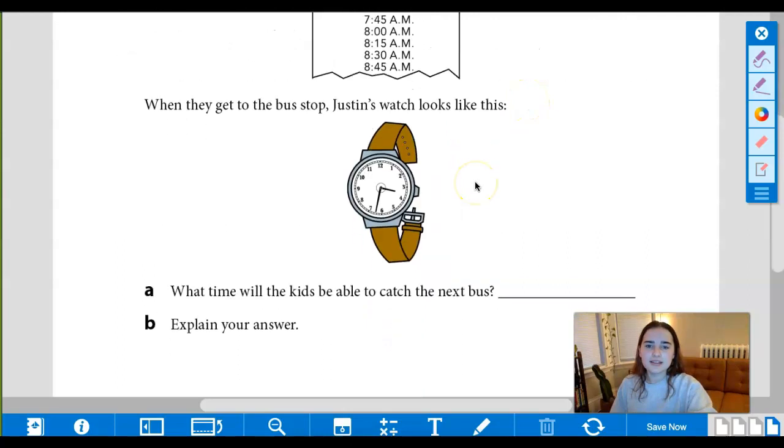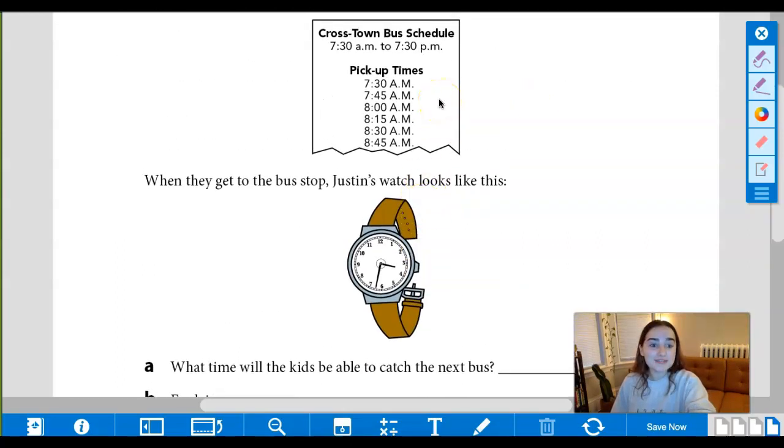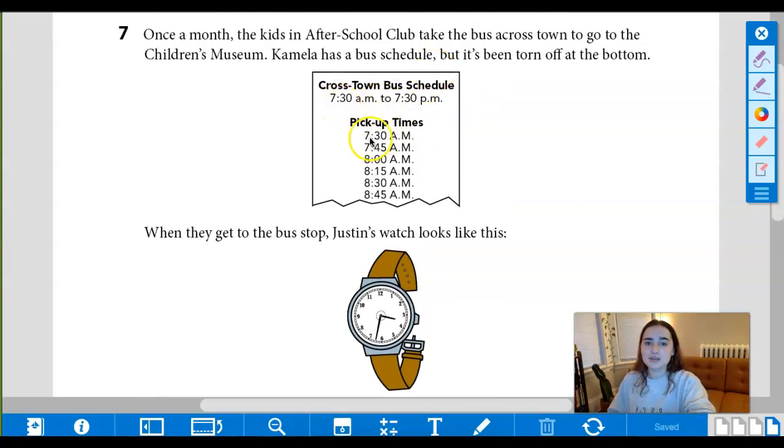Okay, so we know that they need to catch the next bus, so we need to figure out when the next bus is going to come. If we look at this bus schedule, it says it goes from 7:30 a.m. to 7:30 p.m. I want you to look at these times and try and notice the pattern of how often the bus comes. 7:30 a.m., 7:45 a.m., 8 o'clock a.m., 8:15 a.m., 8:30 a.m., and 8:45 a.m. What is the elapsed time for each of these bus stop times?